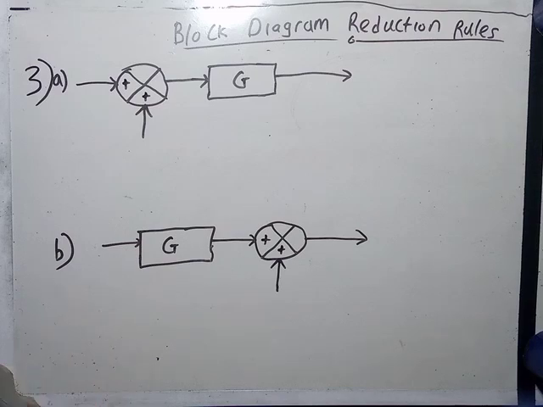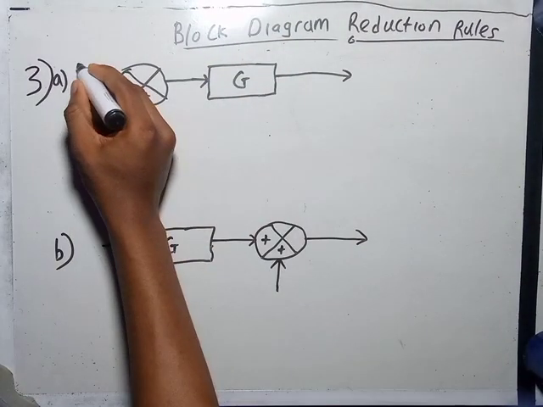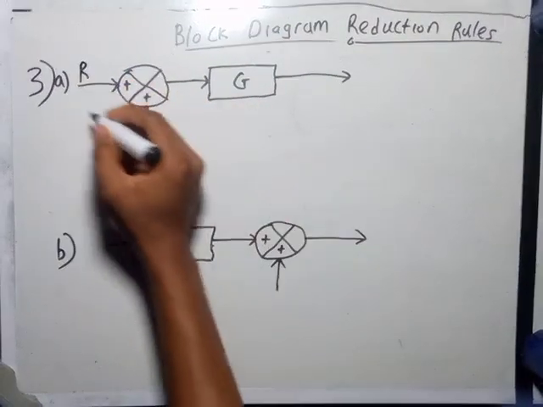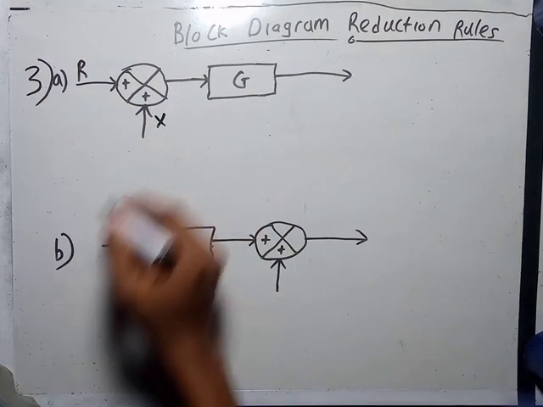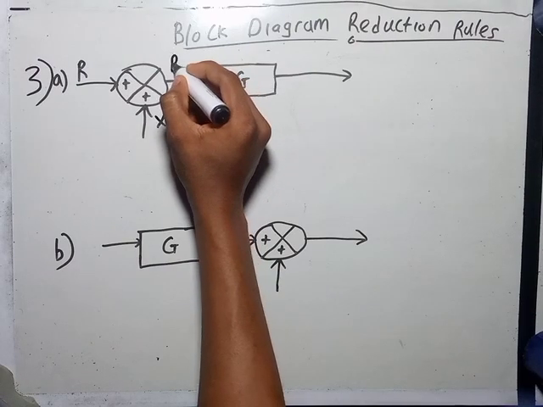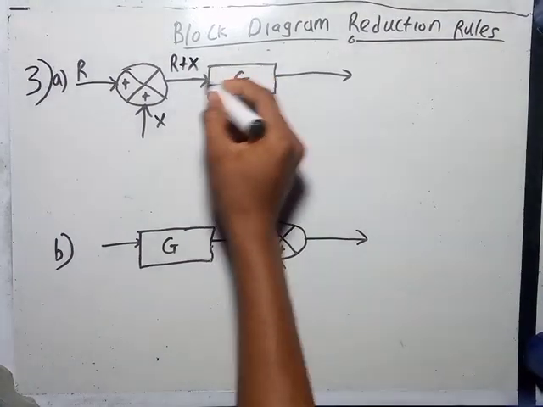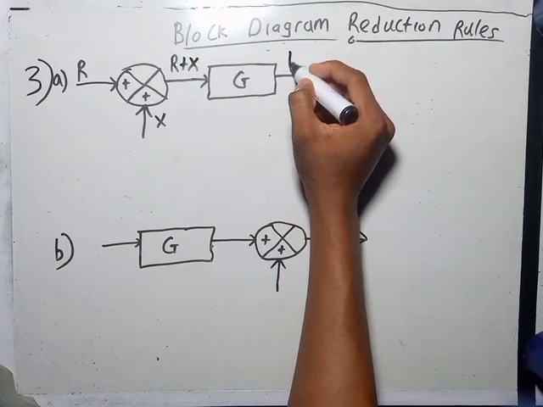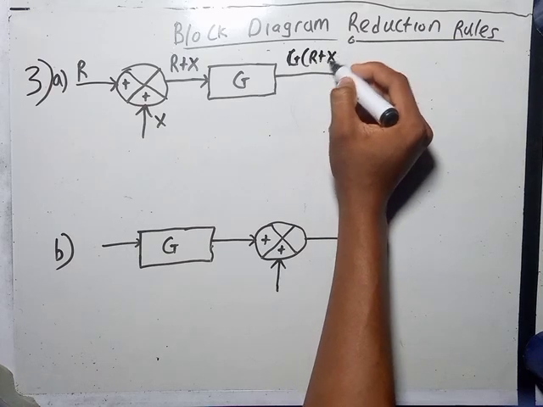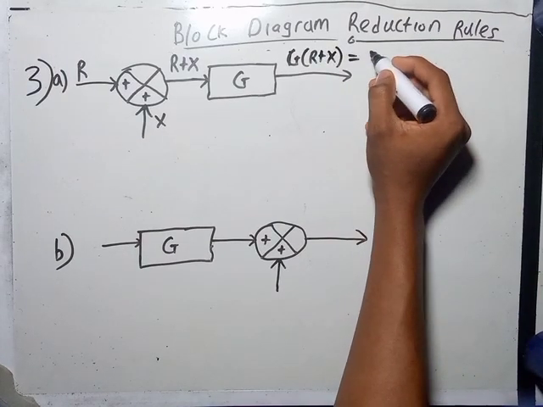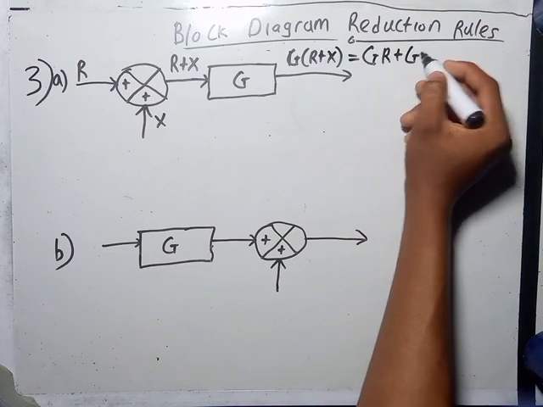In case we are trying to move, okay, let's first of all find the output of this. Now if this is R, and maybe let's say the signal coming from here is X, when they add up we have R plus X. When it passes through this, you have G times R plus X, which is similar to GR plus GX.